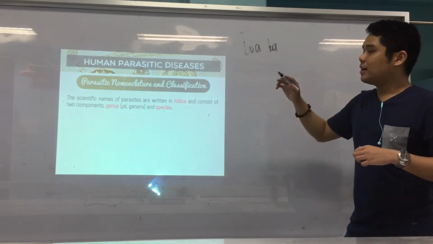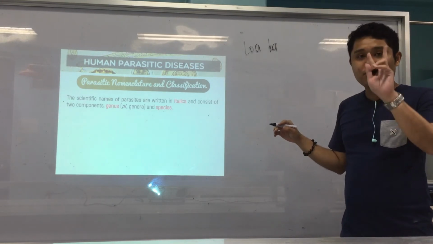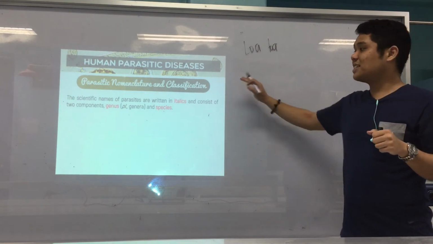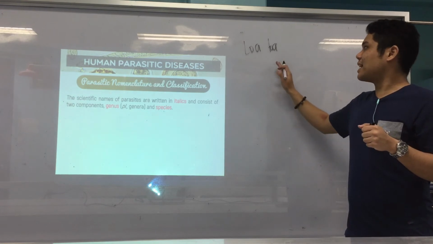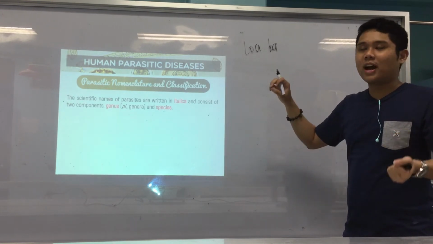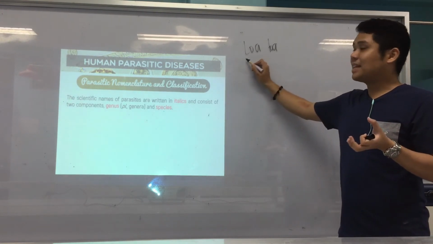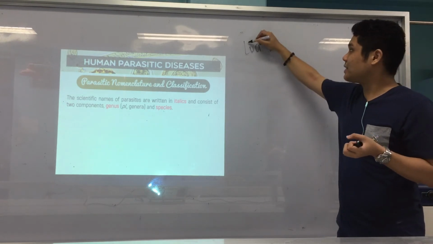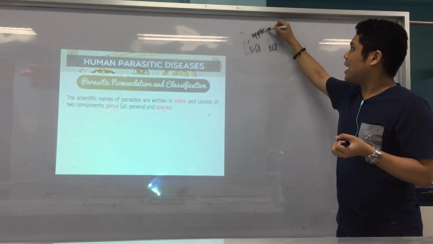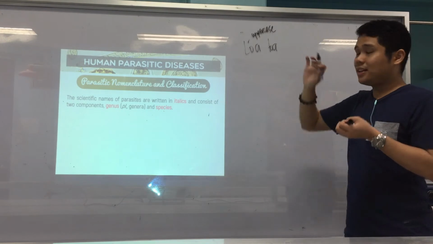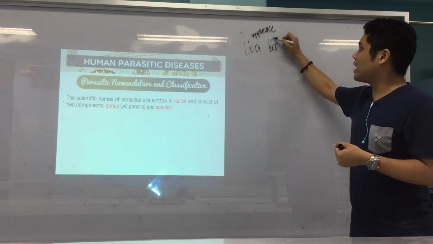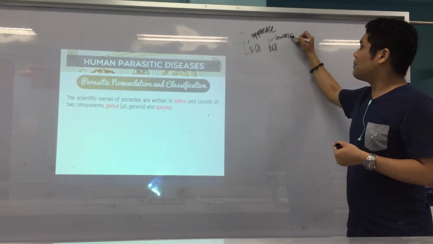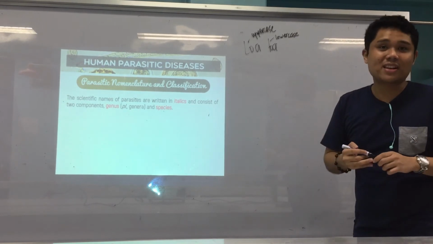Loa loa. All right. So scientific names have two names. The first is the genus, and the second name is the species. And for the genus, the first letter should be capitalized, or uppercase, and for the species, the first letter should be lowercase. This comes out in the boards, guys. How is a scientific name written?